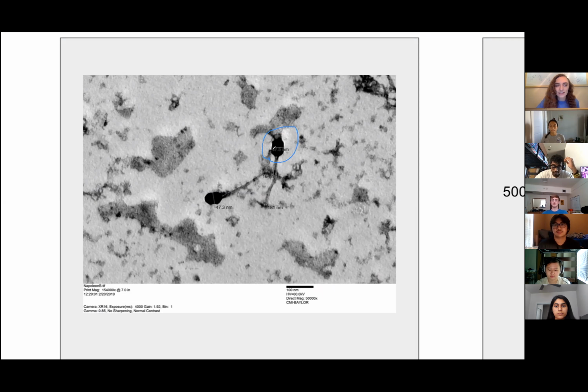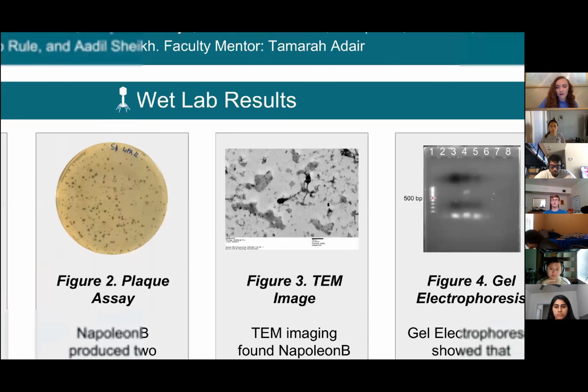This phage is a siphovirus, meaning that it has a capsid and this long phage tail, as I'll just color over it. And this is the tail that's used to penetrate the bacteria cell. So that's what it looks like underneath a microscope.